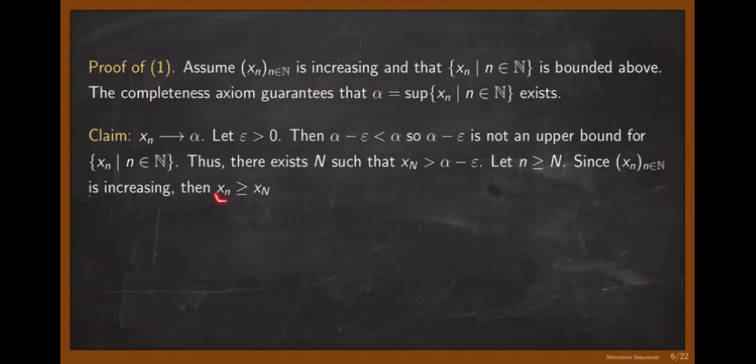So if you compare x sub n and x sub big N, which one is bigger? Of course, x sub little n. So the bigger the index, the bigger the term, an implication of being increasing. So if I now take the absolute value of x sub n minus alpha, remember alpha is the least upper bound of this set. So if alpha is the least upper bound, it's an upper bound in the first place. So sino mas malaki sa x sub n at alpha? Of course, alpha. Kaya yung absolute value nito should be alpha minus x sub n.